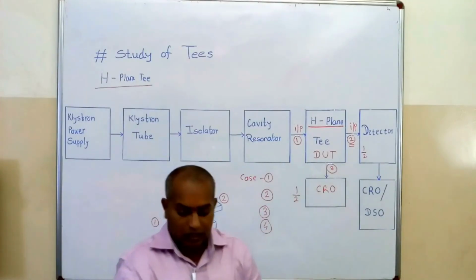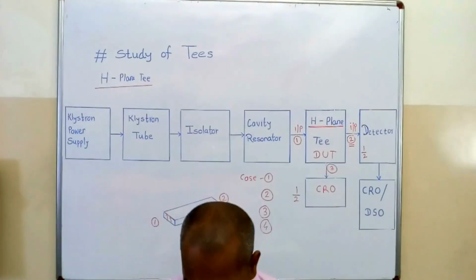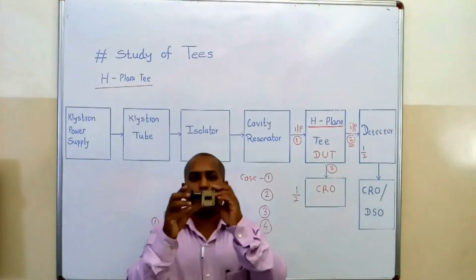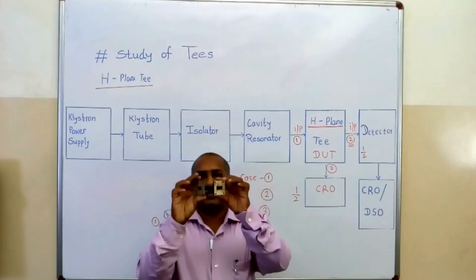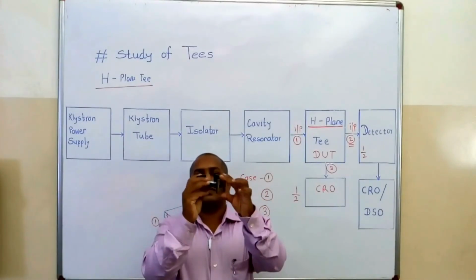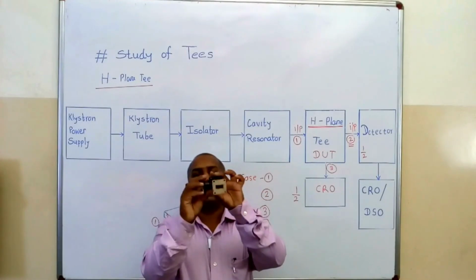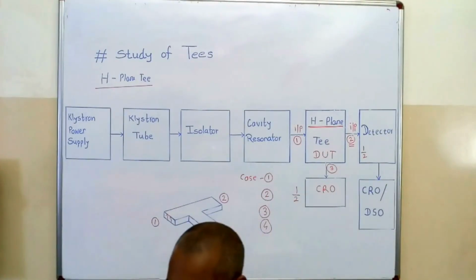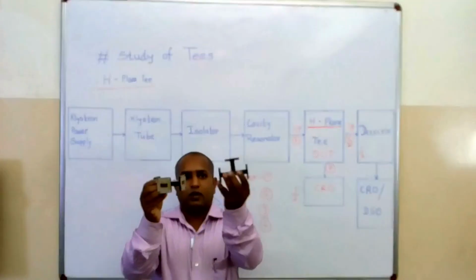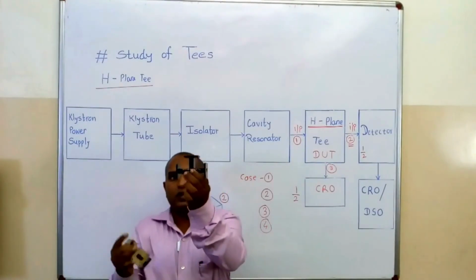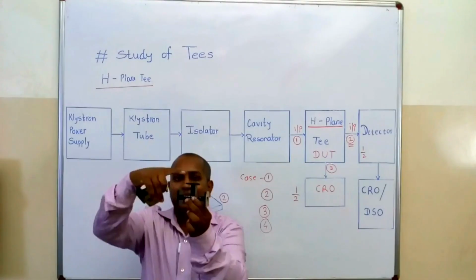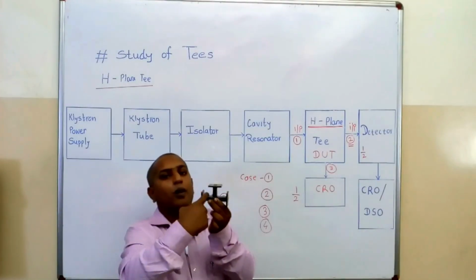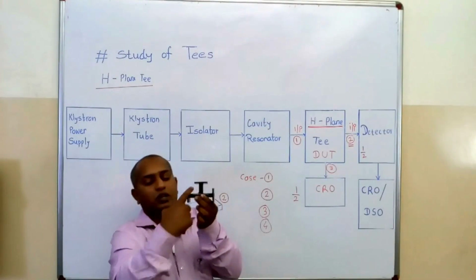Now look at the structure of the H plane T, the 3D geometry. Now see here the difference between the E plane T and H plane T. In an E plane T, my side arm is in series with the main waveguide.